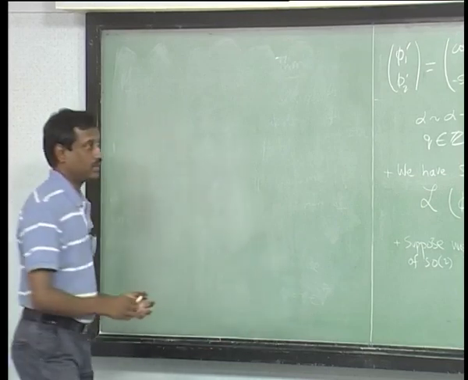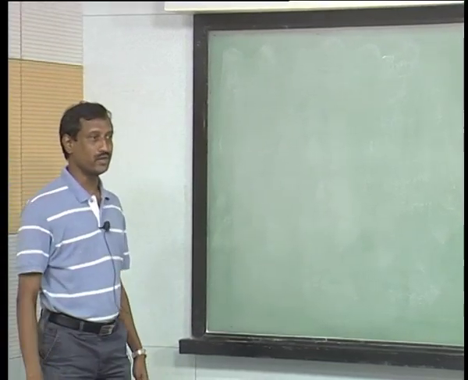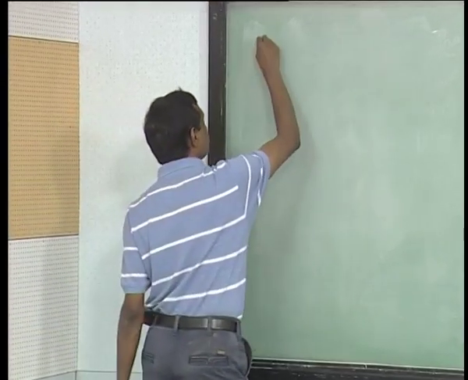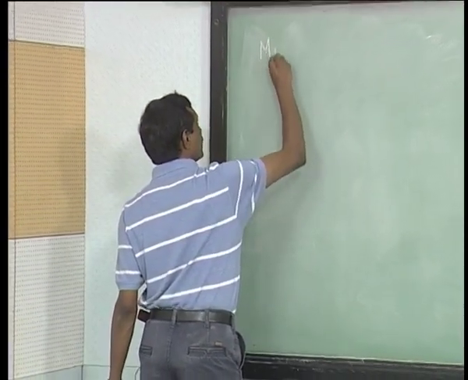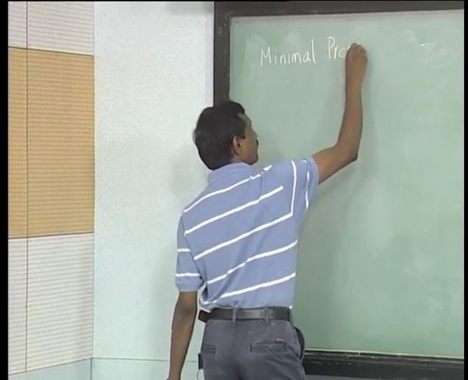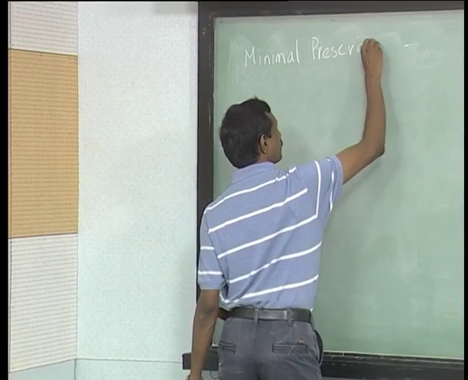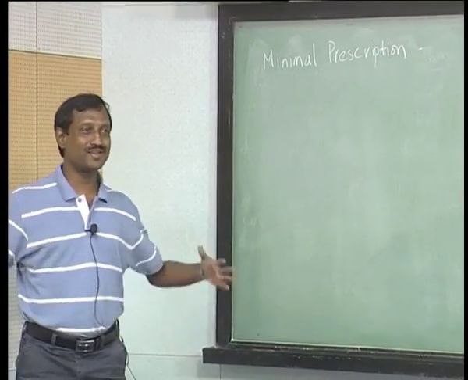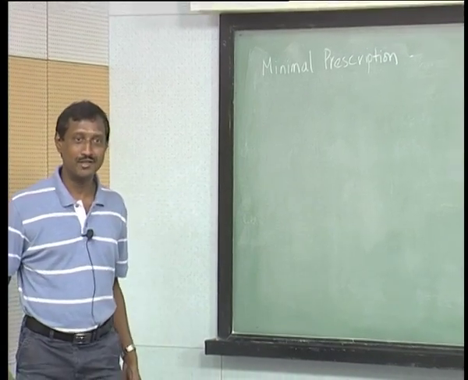Okay. And so again there are many ways of doing it, but there is something called a minimal way. Okay. So what we will say, minimal prescription. Okay. So this means that it is just a way of doing it. Okay.